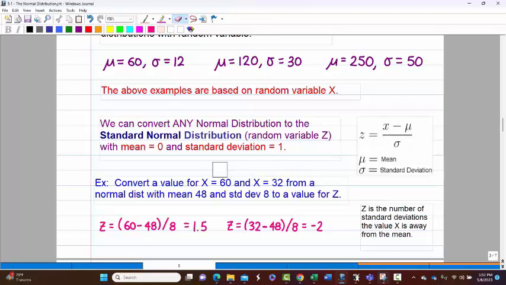So to convert x equals 60 and x equals 32 from a normal distribution, so it's implying just a regular normal distribution with mean 48 and standard deviation 8, to a value for z, meaning this standard normal distribution. You would take 60 minus 48 divided by 8, you get 1.5.